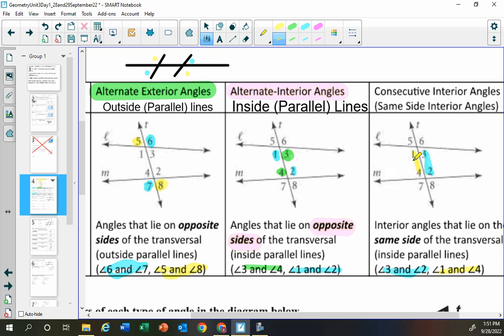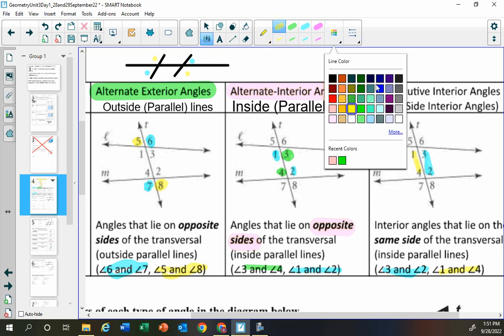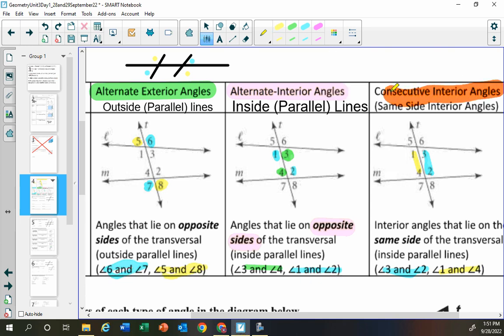So give me a moment to look at it. Consecutive interior angles. Interior angles, same side. So that's why 1 and 4, 2 and 3.